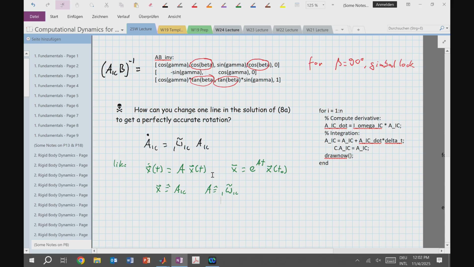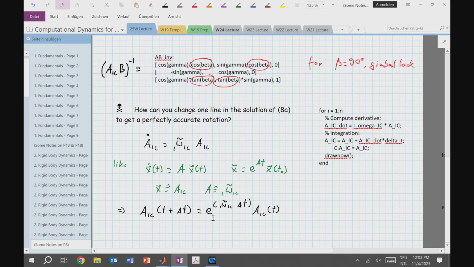So those two are analogs, and that means I can apply the same approach and say that my A IC at some time t plus delta t is going to be the matrix exponential of omega IC tilde multiplied with delta t, and then that whole thing gets post-multiplied with my initial condition, which in this integration step is A IC at time t.